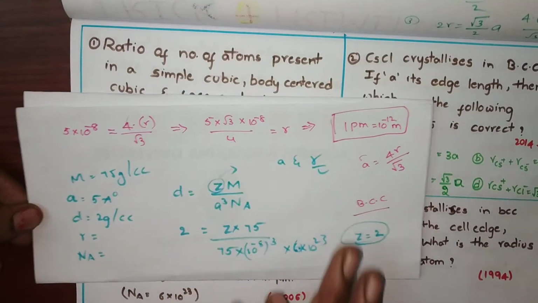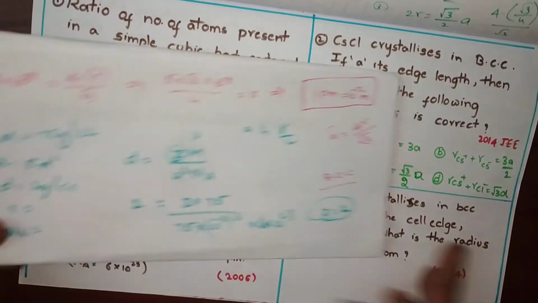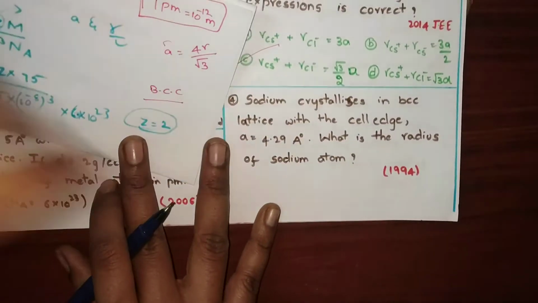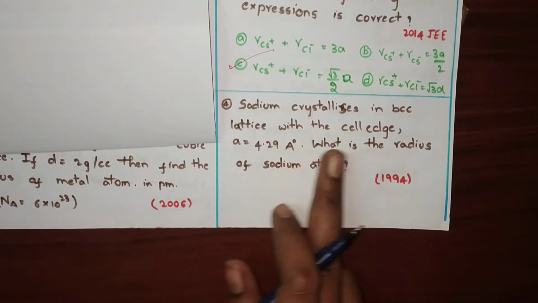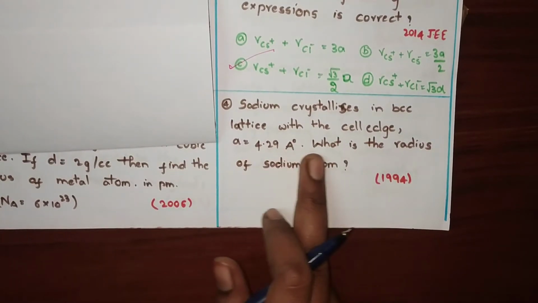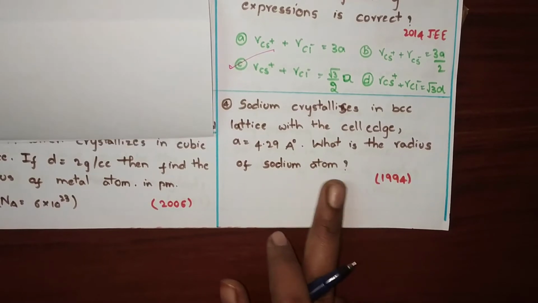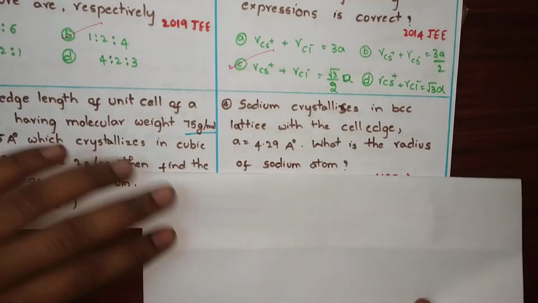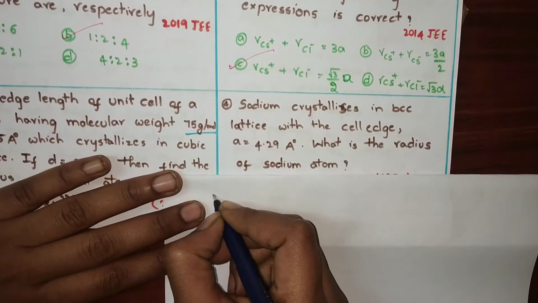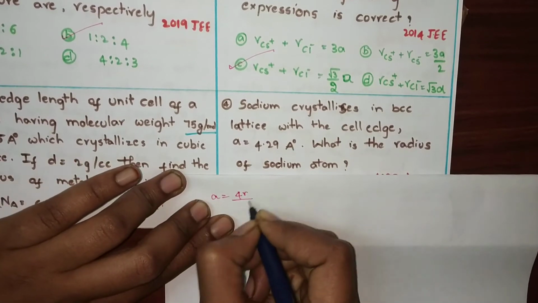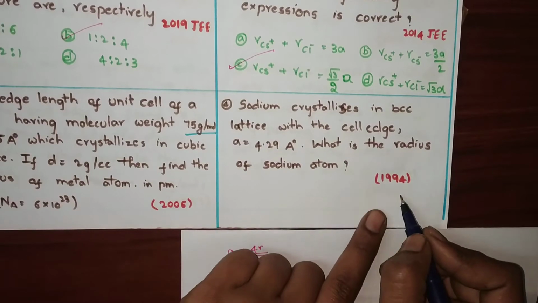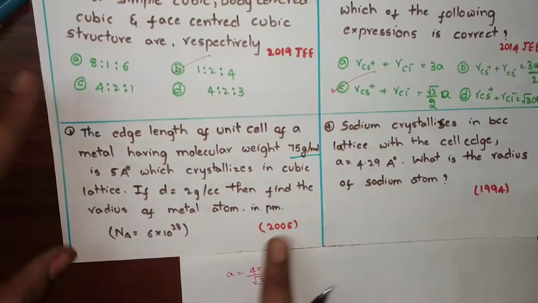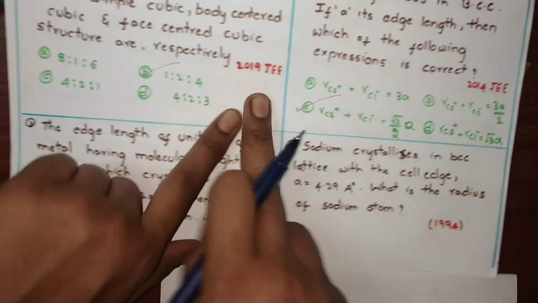Fourth question. Sodium crystallizes in BCC with the cell edge A is equal to 4.29 angstrom. What is the radius of sodium atom? So radius we have to find. BCC, A is equal to 4R by root 3. See, this is a 1994 IIT question, 2006 IIT question, JEE question.